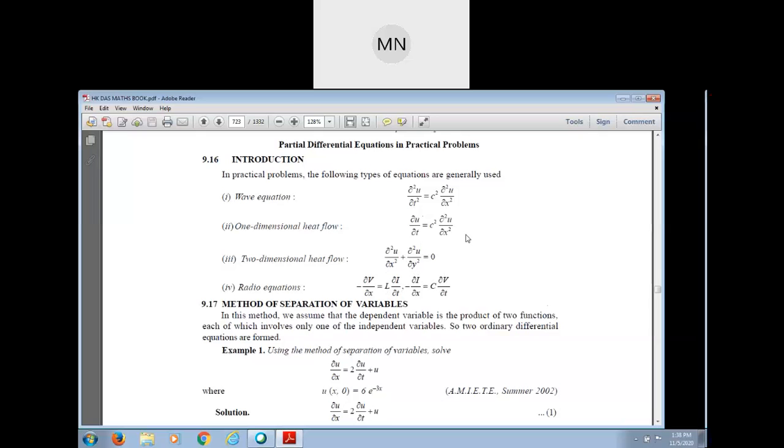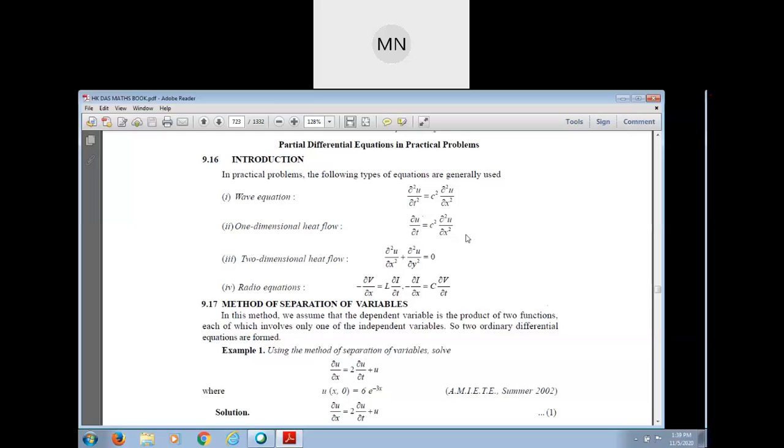Now, let us see a method which is known as separation of variables. Separation of variables is used to solve ordinary differential equations and partial differential equations. By separating the variables, we can solve them. In linear partial differential equations, we use separation of variables to solve the wave equation, one-dimensional heat equation, and two-dimensional heat equation.